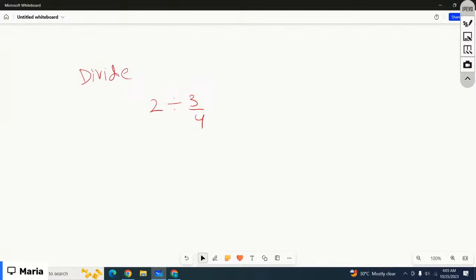Basically, whenever we are dividing fractions, we need to change this division sign to multiplication, right? When we change the division sign to multiplication, we take the reciprocal of the term right after the division sign. So taking reciprocal means you need to swap, interchange numerator and denominator, right? So that would be 4 times 2 is 8 and 8 over 3. So 2 divided by 3 by 4 equals 8 over 3.